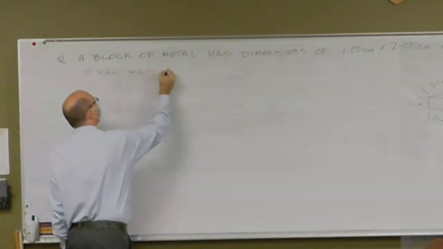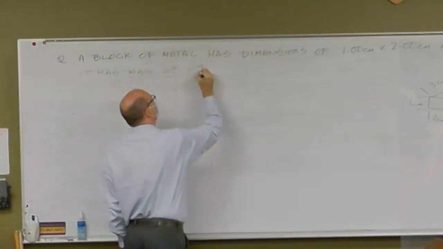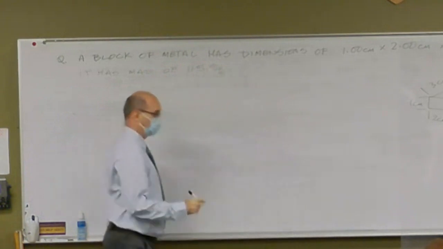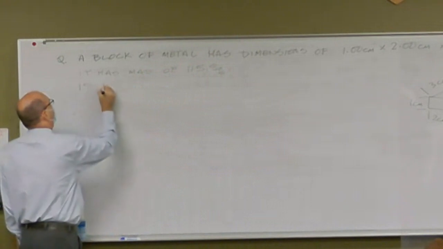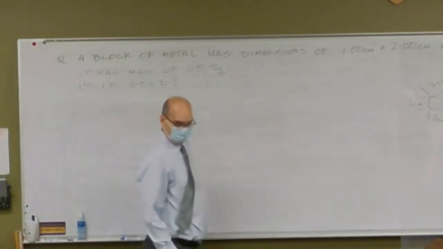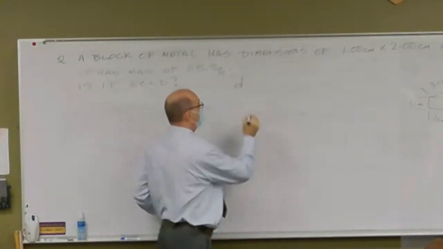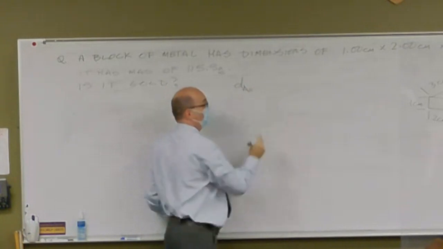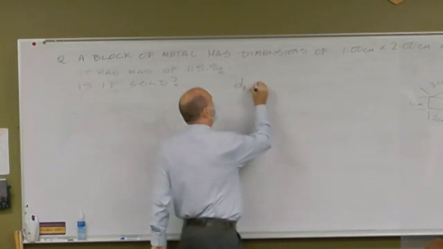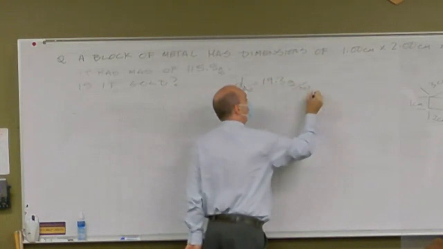It has a mass of 115.8 grams. Is it gold? The density, lowercase d, of gold, subscripted Au, Au is our elemental symbol for gold, is 19.3 grams per milliliter.